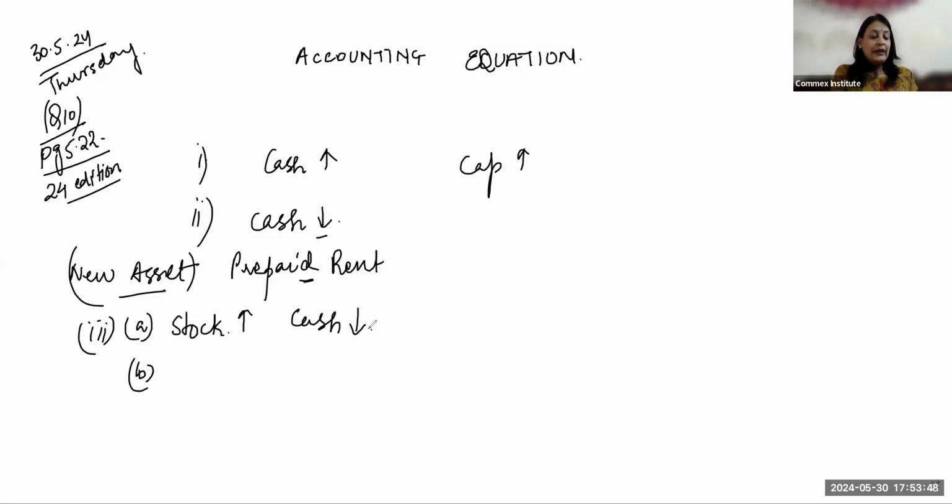Second, we have purchased the goods on credit also. So again, when we purchase on credit without paying cash, the stock will still increase and the cash will not go down because we have not paid the cash. We have purchased it on credit. So a new liability column in the form of creditors will be created.